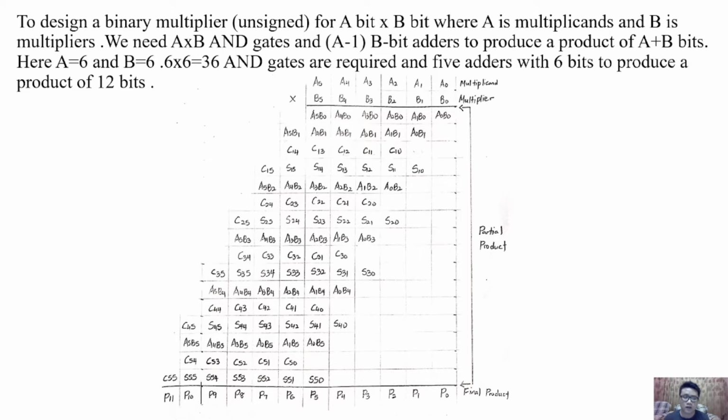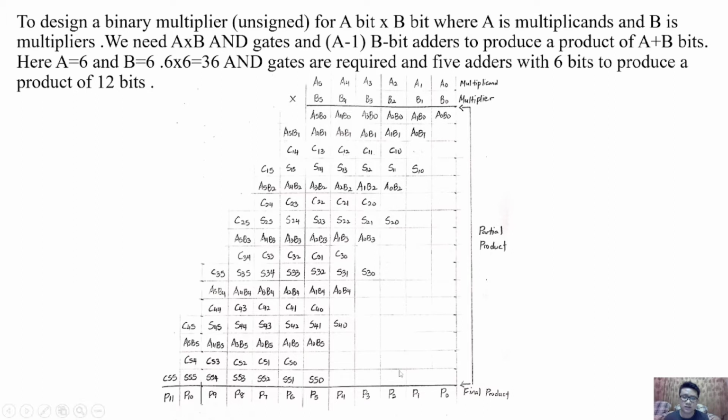Here, A is 6-bit and B is also 6-bit. 36 AND gates are required and 5 adders with 6 bits to produce a product of 12 bits. But we have to use 1-bit full adders and half adders, so we need more adders. Instead of 5 adders with 6 bits, we need 30 adders of 1-bit full adders and half adders.